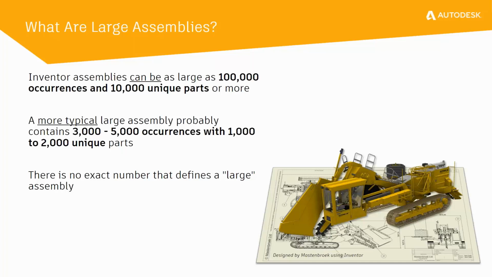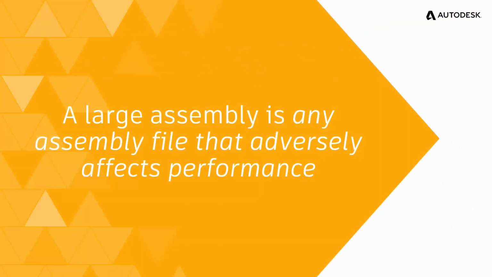It's more typical as well for an assembly of, say, 3,000 to 5,000 parts, 1,000 to 2,000 of which are unique, to also be considered a large assembly. And that really does come down to a number of variables. In this case, it could be the complexity of the individual components inside that assembly that defines it as being a large assembly. So more commonly, we would refer to a large assembly as any assembly file that adversely affects the performance of your system or your experience.